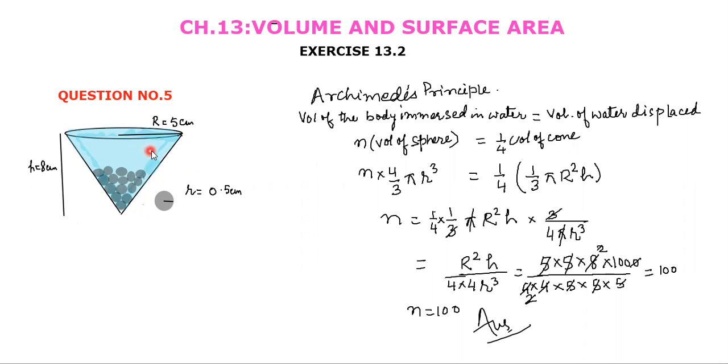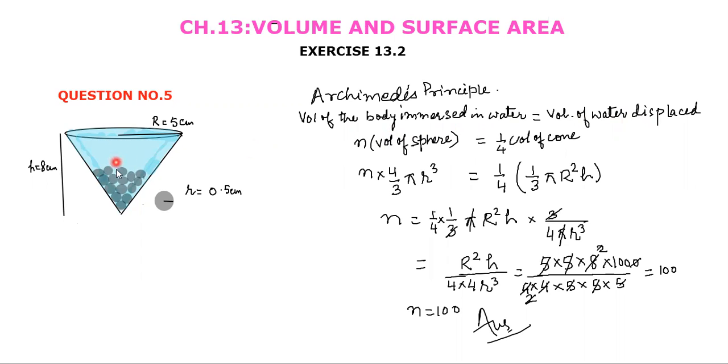So first of all, you have to read the question very carefully. He is saying the water moved out has volume one fourth the water filled in it. So you know, children, by Archimedes' principle, volume of the body immersed in water is equal to volume of the water displaced. So now let us see what is immersed in water.